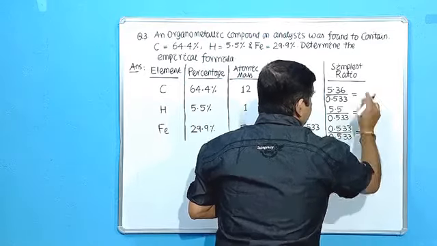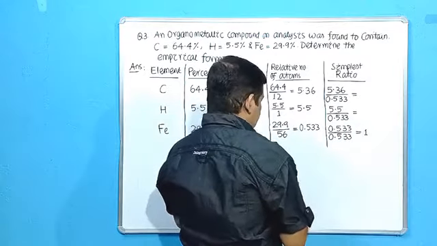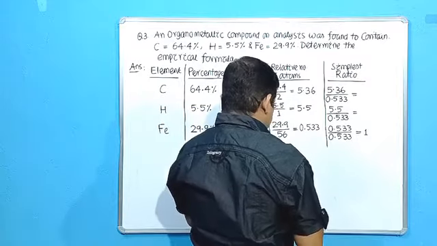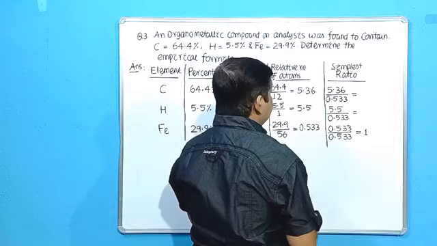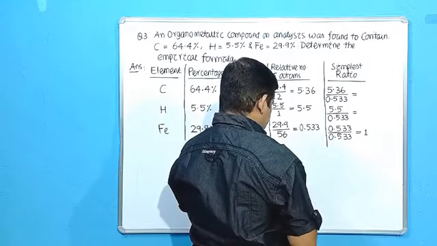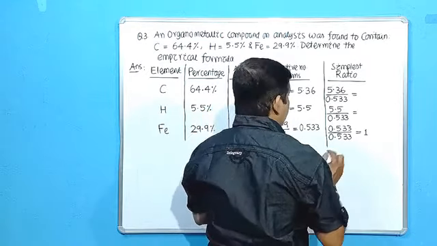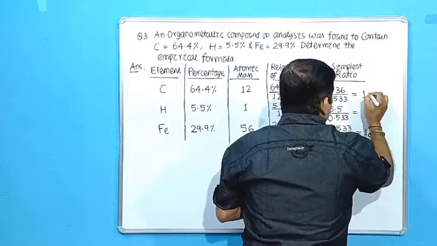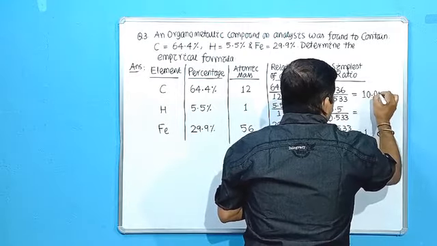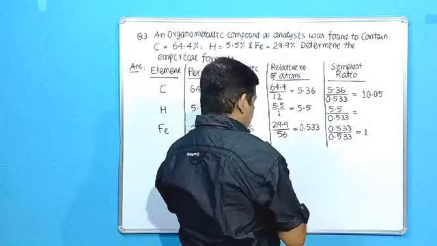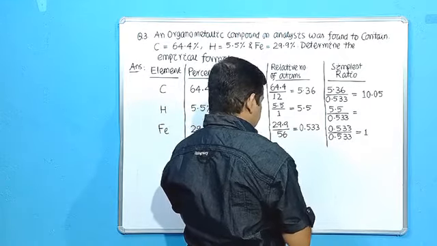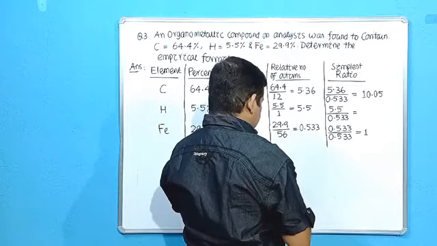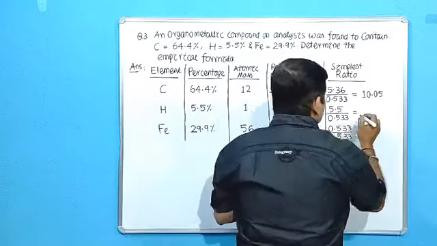It is 1. Let us see what are these two. 5.36 divided by 0.533 is 10.05. Then 5.5 divided by 0.533 is 10.31.